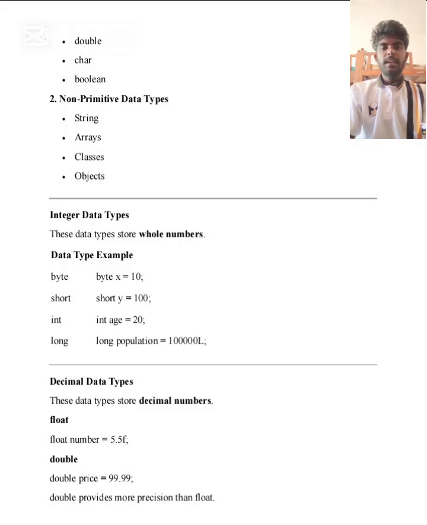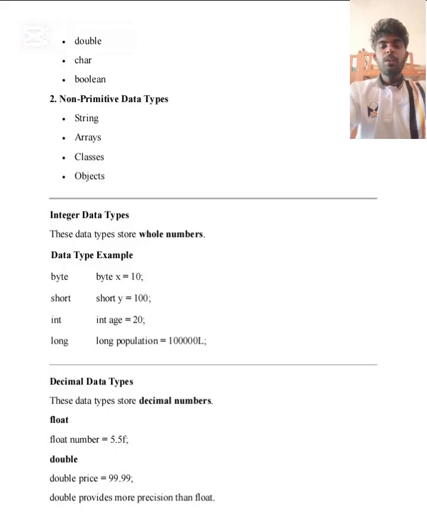The two data types discussed here are float and double. For example, float number = 5.5f, double price = 99.99.